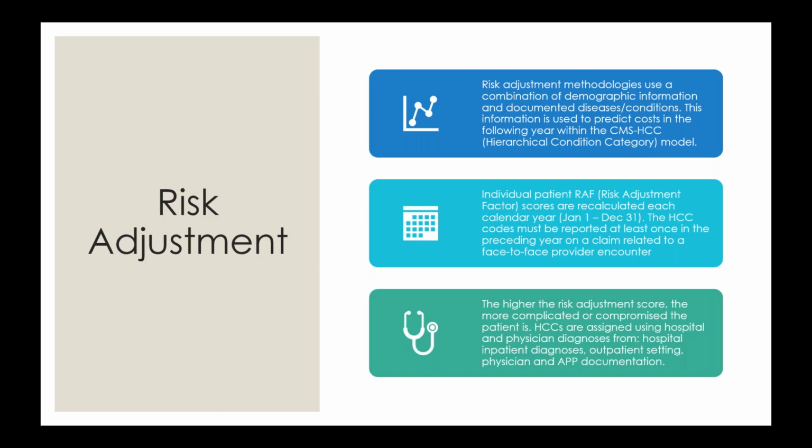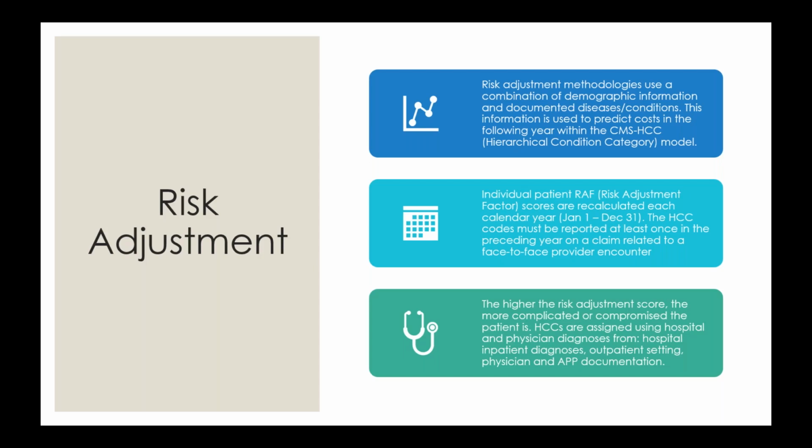And so for risk adjustment, the methodologies combine demographic information and documented diseases and conditions, and also information that's used to predict the cost in the following year within this CMS HCC, the hierarchical condition category model, because each calendar year runs from January 1st to December 31st. The individual patient risk adjustment factors are recalculated each and every year.